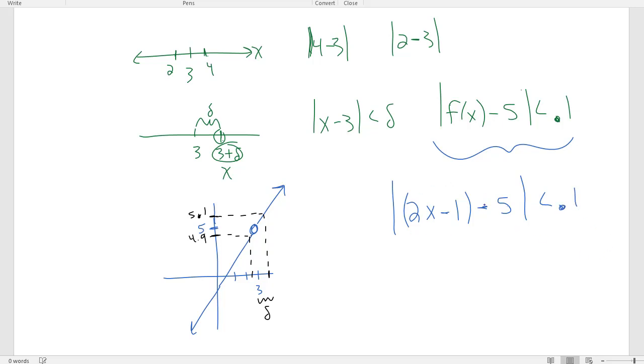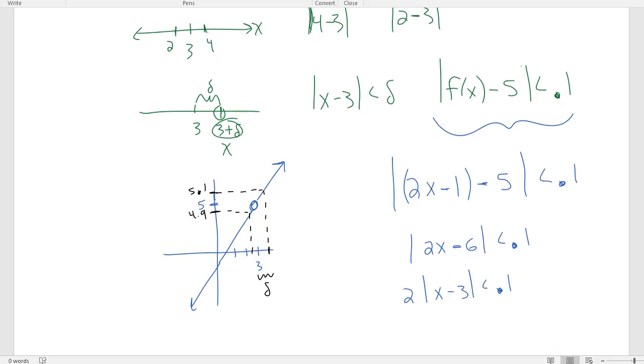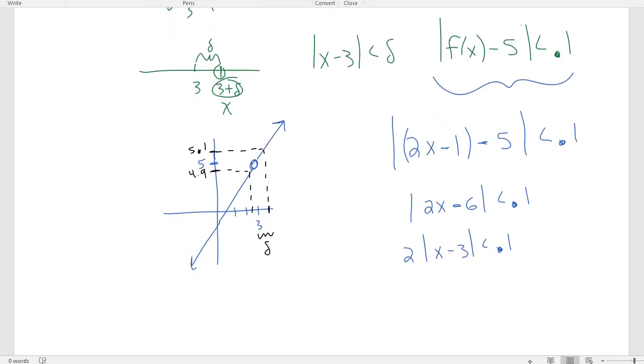So if I plug the f of x in here, let's do a little bit of algebra with this. And let's notice that this becomes 2x minus 1 minus 5, which is minus 6. And then I could factor a 2 out of this. So if I take a 2 out, I get 2 times x minus 3 is less than 0.1. And then I'm going to divide both sides by 2. So I get x minus 3 is less than 0.1 over 2.